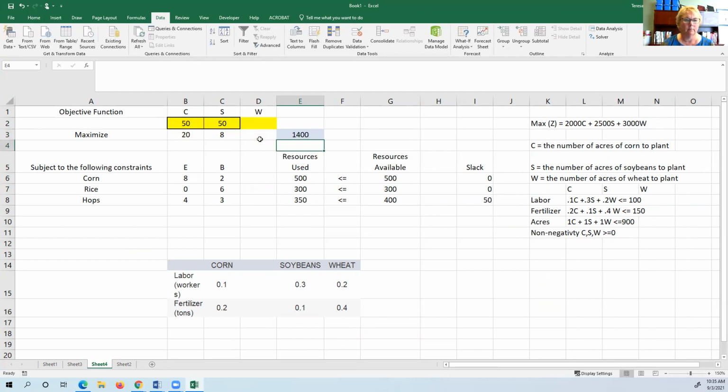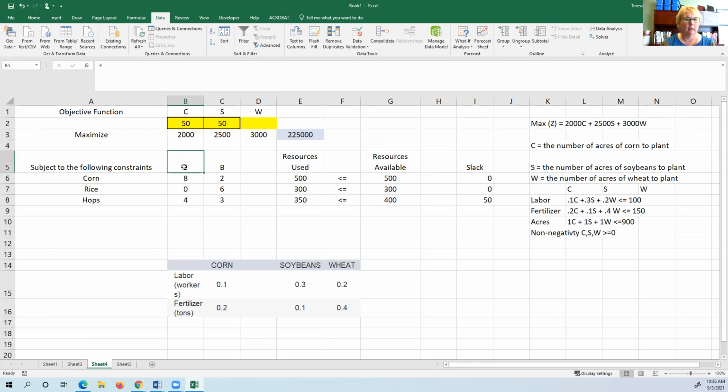Boom. So I've revised this. I need to restate my objective function in terms of corn, soybeans, and wheat: 2,000 profit for each acre of corn, 2,500 for each acre of soybean, and 3,000 for each acre of wheat.